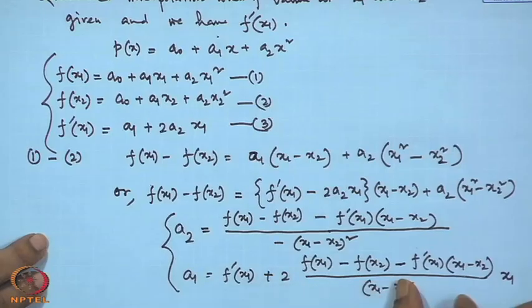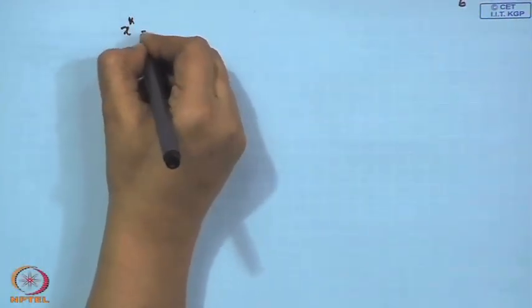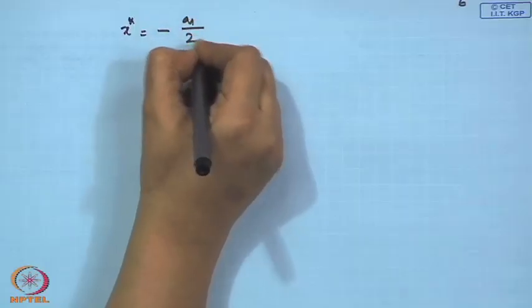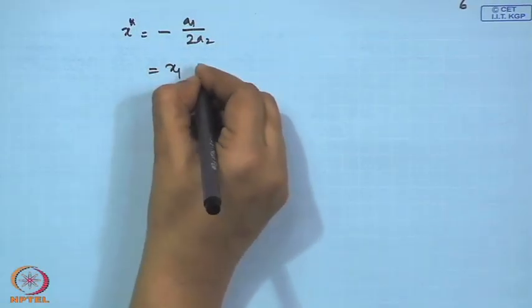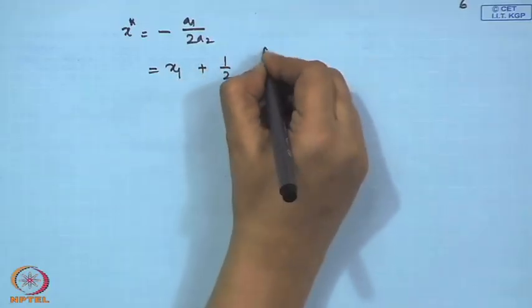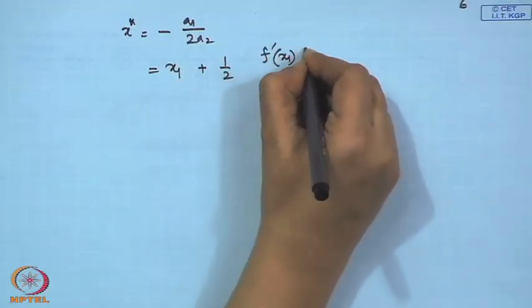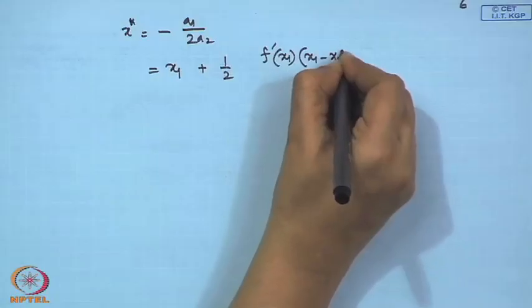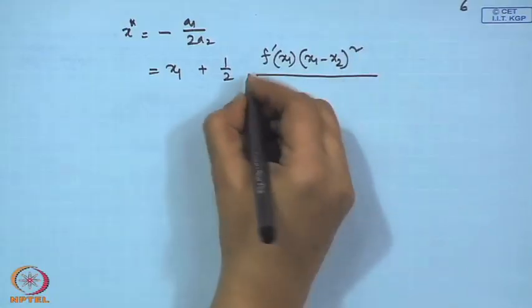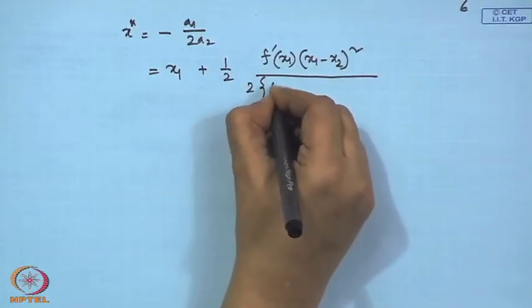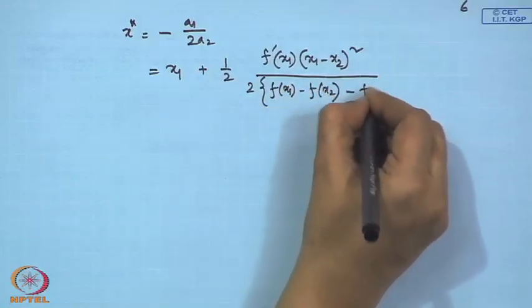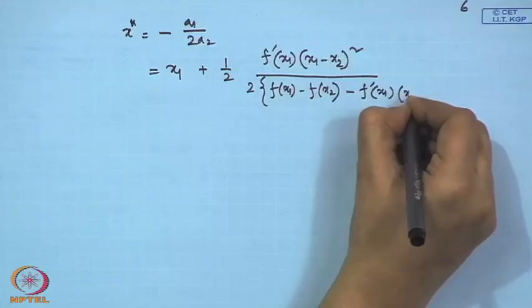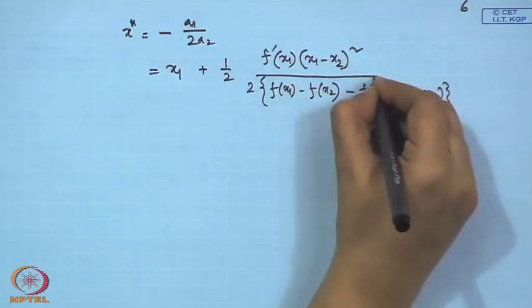With these two values we can proceed to the next step. x star is equal to minus a 1 by 2 a 2, and this gives the value as x 1 plus half f prime x 1 into x 1 minus x 2 square divided by 2 into f x 1 minus f x 2 minus f prime x 1 into x 1 minus x 2.